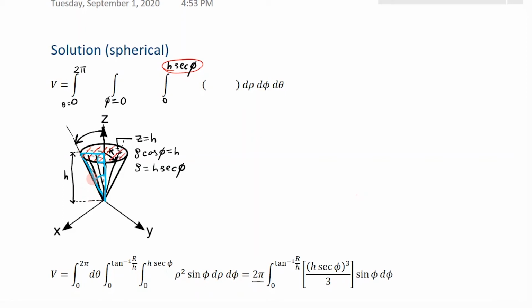And we know that this angle then is inverse tangent of r over h, so opposite over adjacent. So those are the bounds, and now the Jacobian is rho squared sine phi.